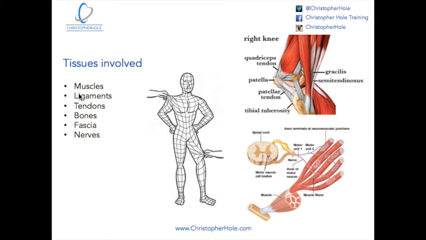For example, if we have a muscular injury, like a tear or a knot in the muscle, it's an injury to the muscle. It's not an injury to the nerves. It could well be an injury to the fascia as well, because it's interconnected and connected to everything. But essentially, it's an injury to the muscle. So what we would do is have a period of rest to allow the inflammation to go down.